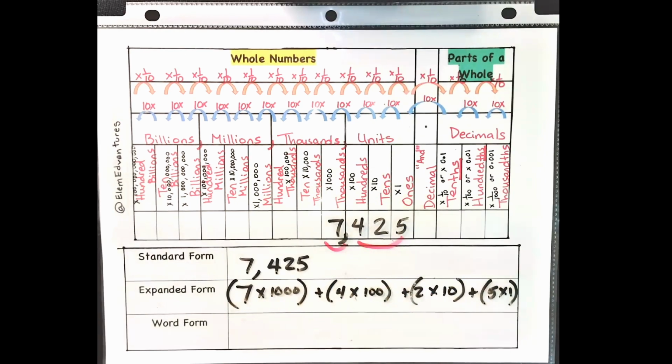As we learned in the last episode, we can use arcs in order to help us say the number correctly. So for this example, this is equal to the standard form 7,425. The comma separates the thousands period and the units period. Don't forget to include it in your standard form.